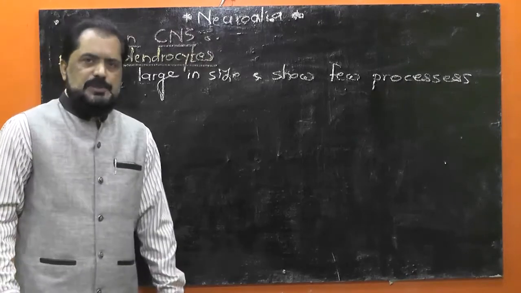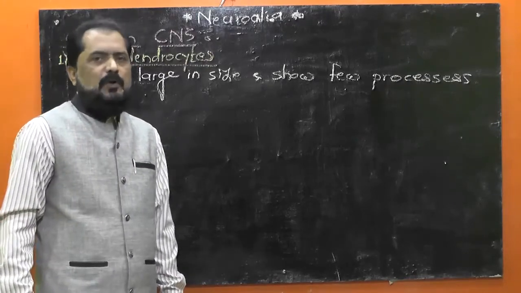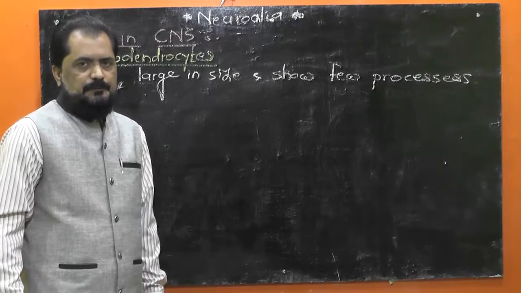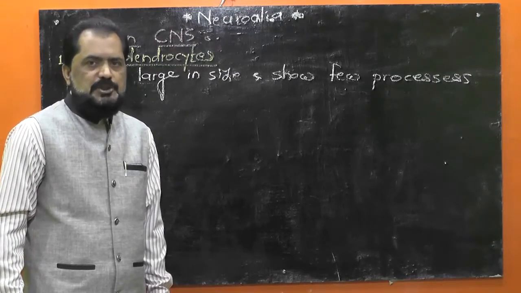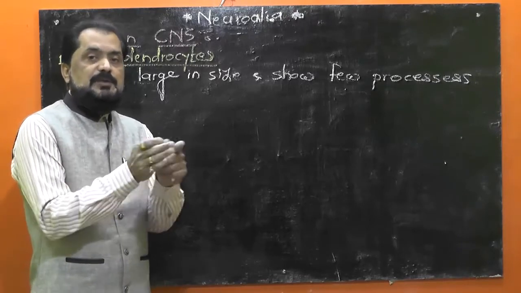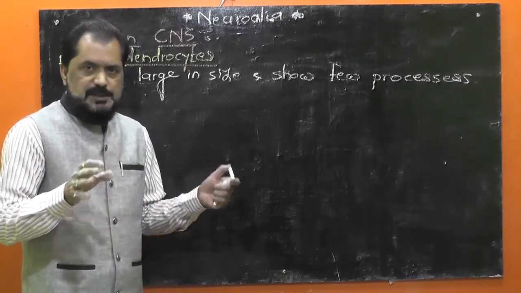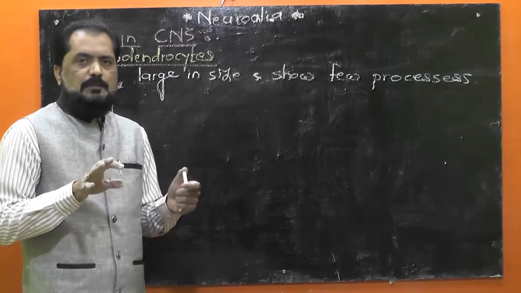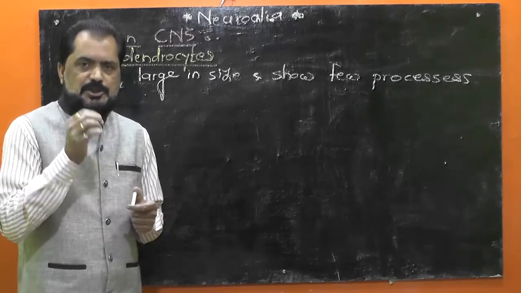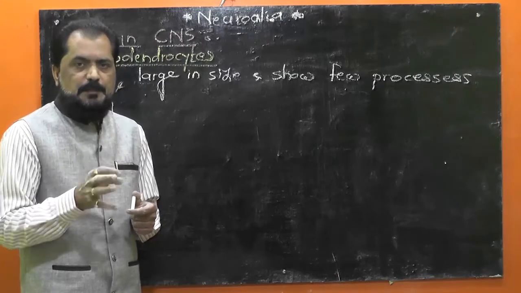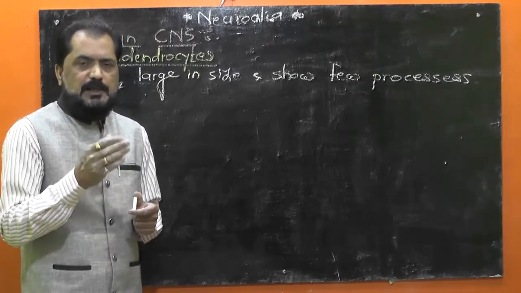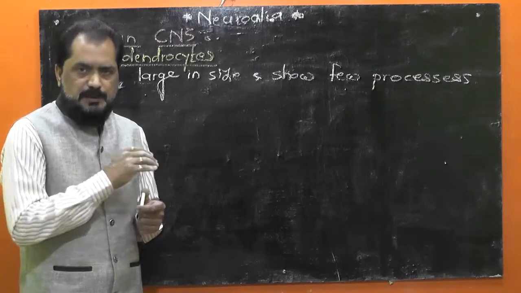These oligodendrocytes are responsible for the production or synthesis of myelin sheath or medullary sheath in central nervous system. We have already studied myelin sheath or medullary sheath, means it is the layer of proteins and lipids present around the axon of certain nerve fibers.